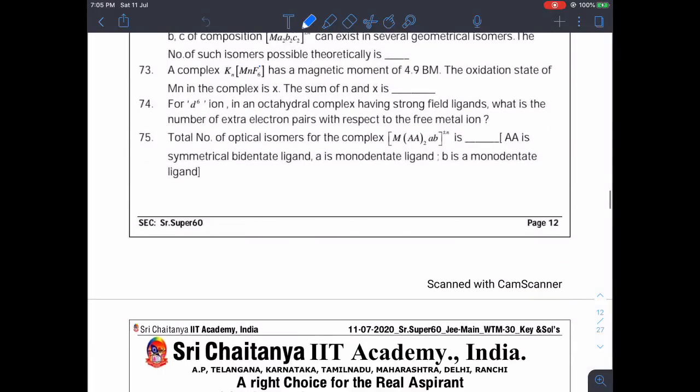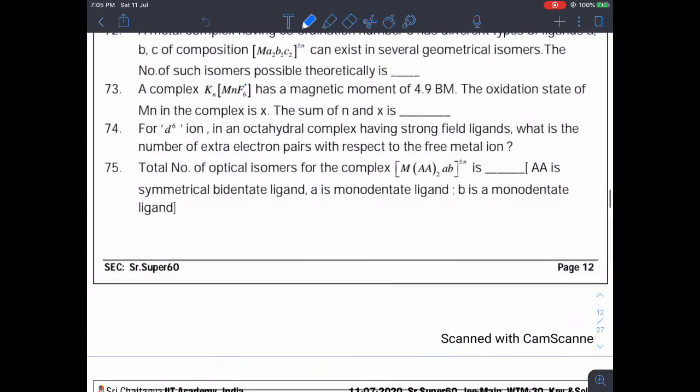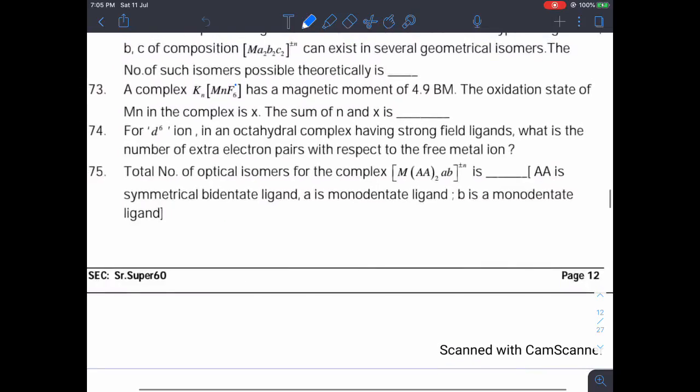Now, moving to the next question and the last question of the series: the total number of optical isomers for the complex, this one, which is M(AA)2AB, where AA is a bidentate ligand and small a and small b are unidentate ligands.